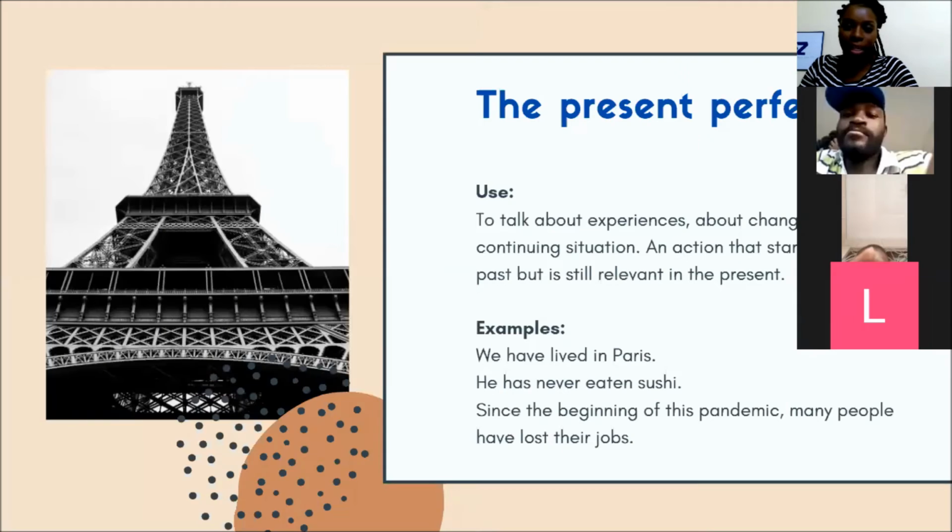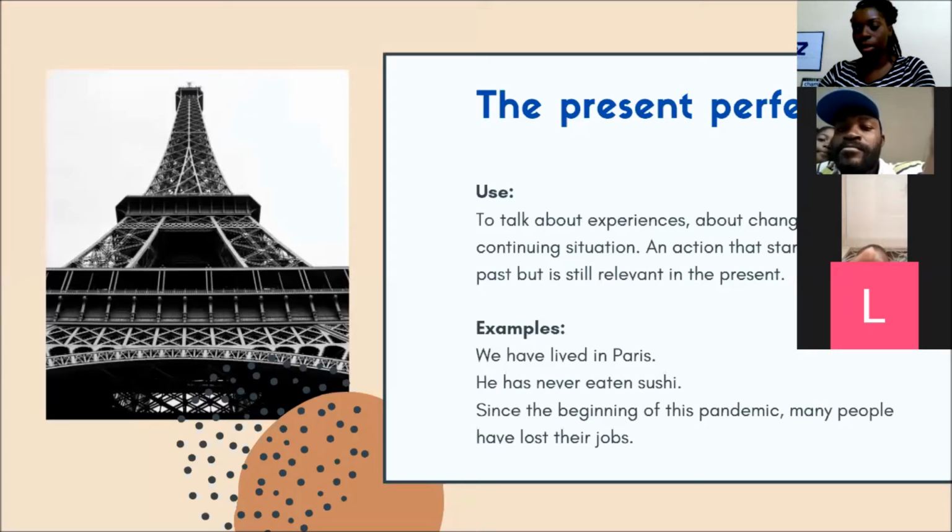The next tense is a little bit more complex. It's called the present perfect. The present perfect is used to talk about experiences. It is used to talk about changes or about a continuing situation.